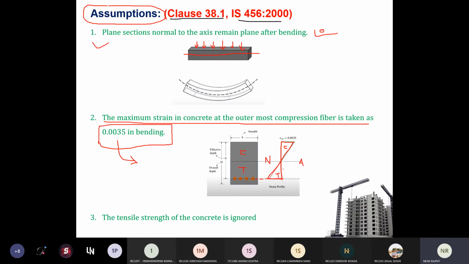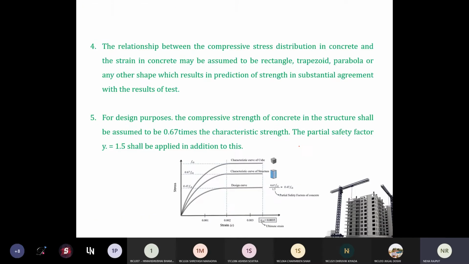So this strain diagram will extend to the center of the bar only, right? As it is mentioned, the maximum strain, where will the maximum strain be? This is the maximum, and as you go towards the neutral axis, the intensity of compression reduces until it becomes zero. So the maximum strain here is 0.0035.